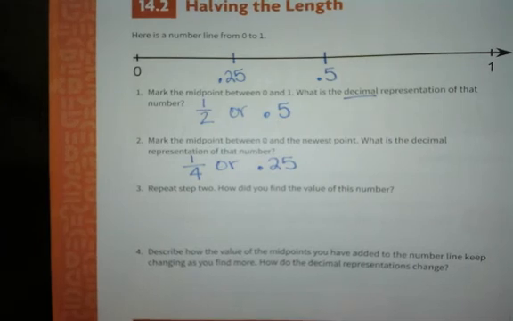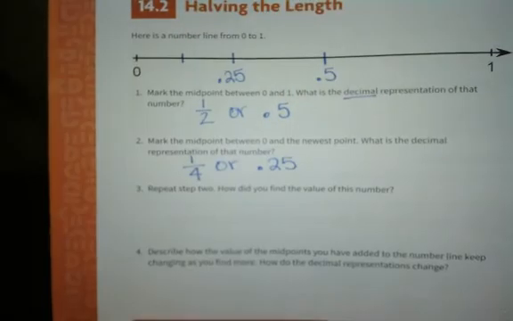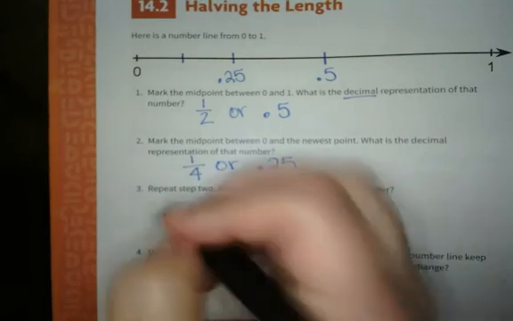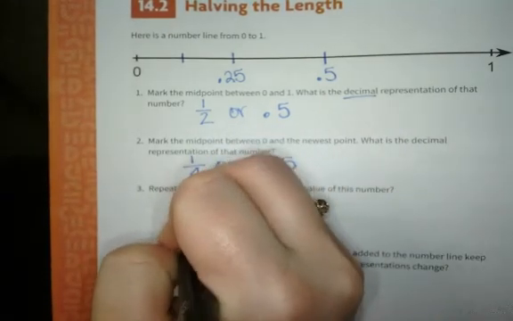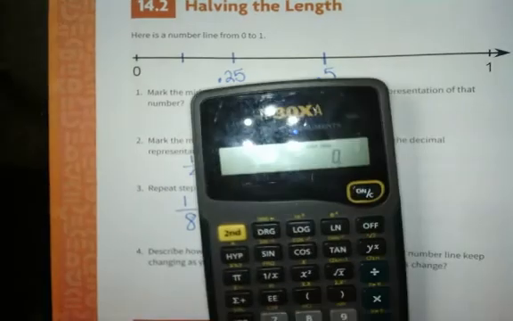Repeat step 2. How did you find the value of this number? Okay, halfway between. What would that number be? I know it would be 1/8. Okay. And how would I find that number?